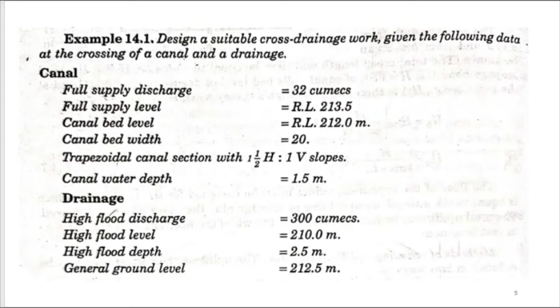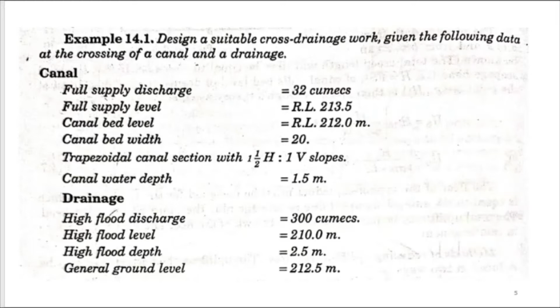In the question it is said to design a suitable cross drainage work. They haven't mentioned whether it is an aqueduct or a siphon aqueduct. So we have to find out what type of cross drainage work has to be provided. To find that, we have to compare the canal bed level and high flood level.